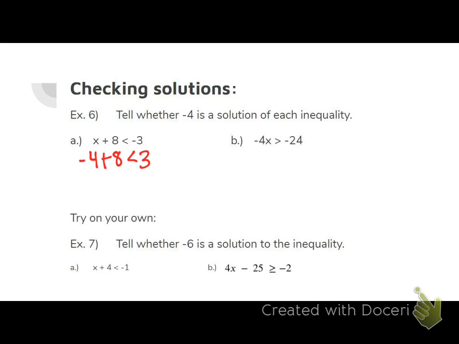So what part of this could I simplify? Liam? Good, -4 plus 8. What is -4 plus 8? 4. Good, +4. Nothing else is changing. So then I just have to decide, did it give me a true statement or not? So what would this statement read? 4 is greater than. What do you think, Dominic?